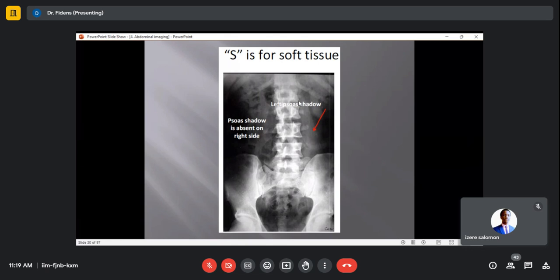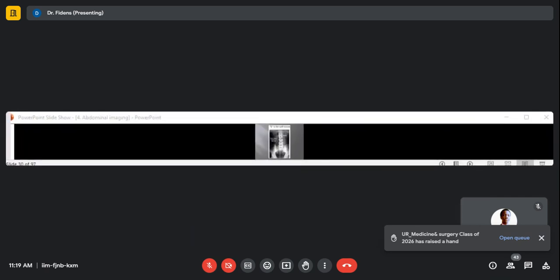Why aren't you able to see that structure, that shadow? If it is about the kidney, why aren't you able to see the shadow of the kidney, the liver, the spleen, the major psoas muscle, the intestines? Like in this case, we are able to see the left major psoas muscle very well, but the right one you don't see it.